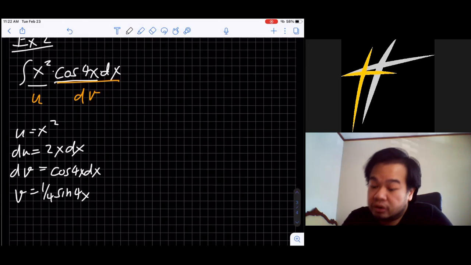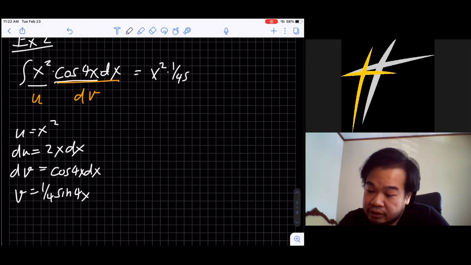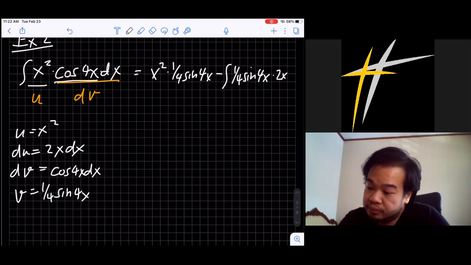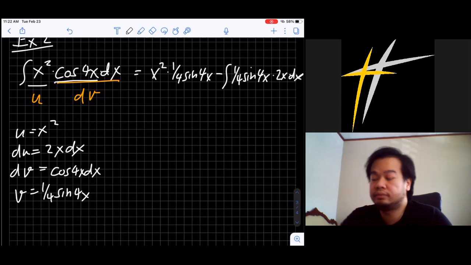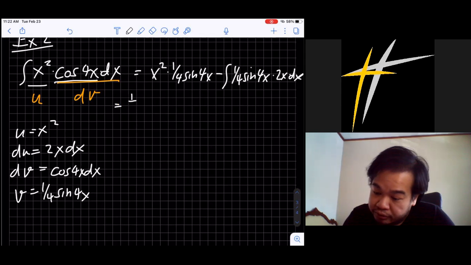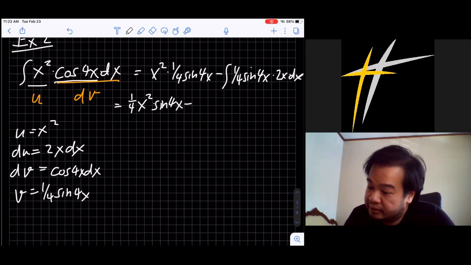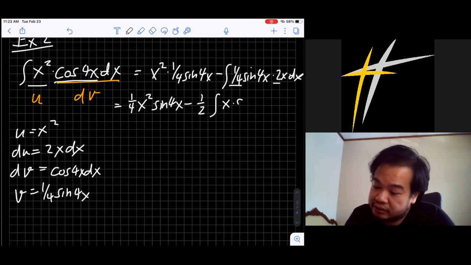Okay, so this will be equal to u times v minus integral v du. Okay, let me simplify first. So it's equal to 1 over 4 x squared times sine 4x minus 1 over 4 times 2, that is half, integral of x sine 4x dx.